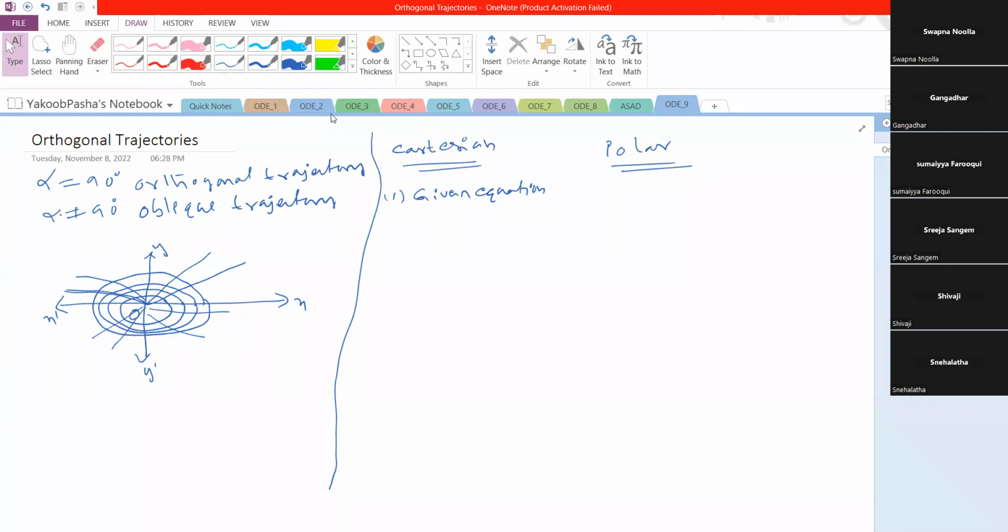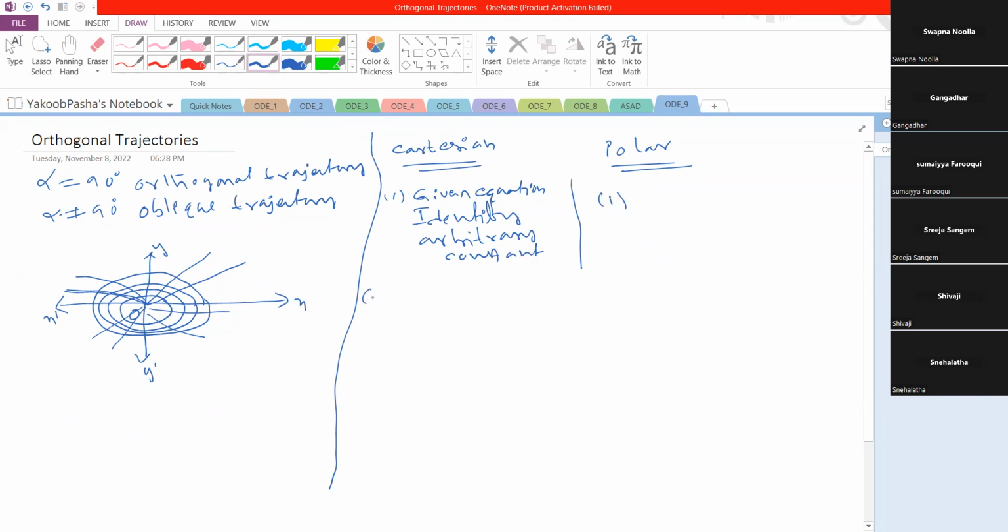In step 1, we consider the given equation and identify the arbitrary constant. It is also applicable in polar coordinates.